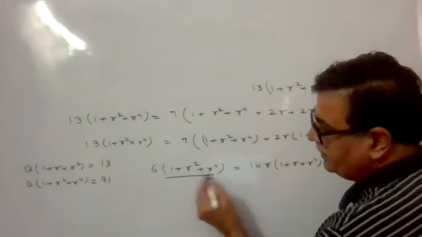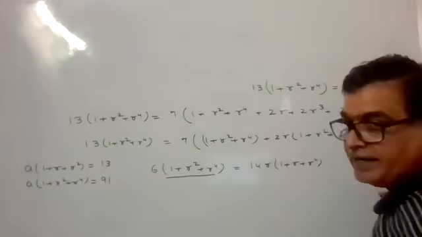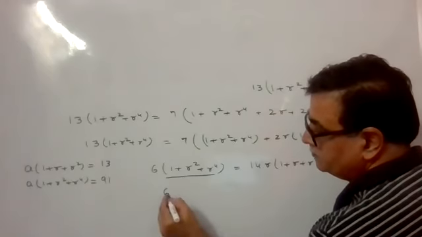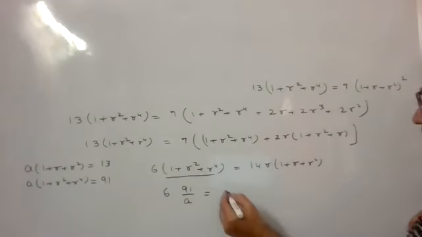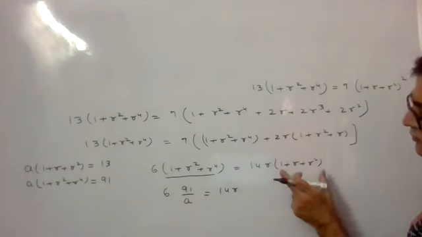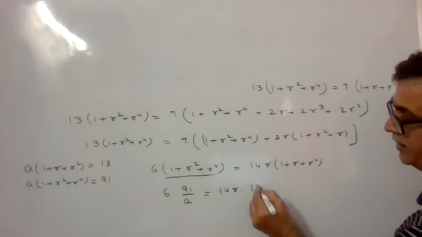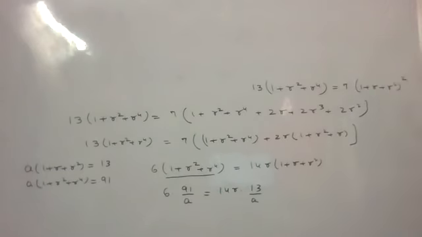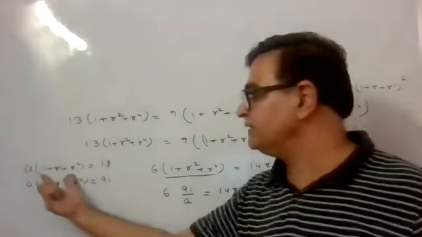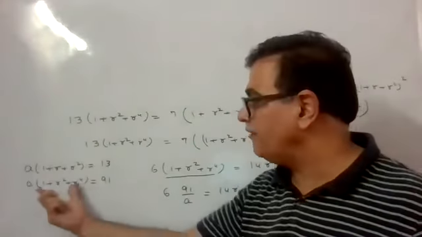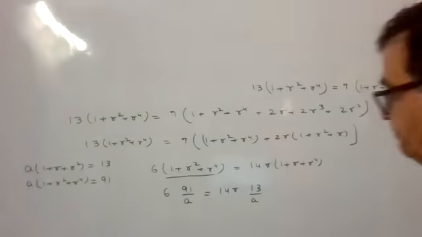What is this value? It will come from 91 by a. Then 14r remains as it is. 1 plus r square is 13 by a. So this value is 13 by a and this one is 91 by a.